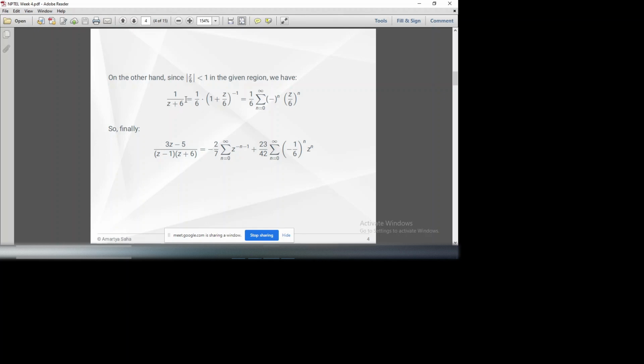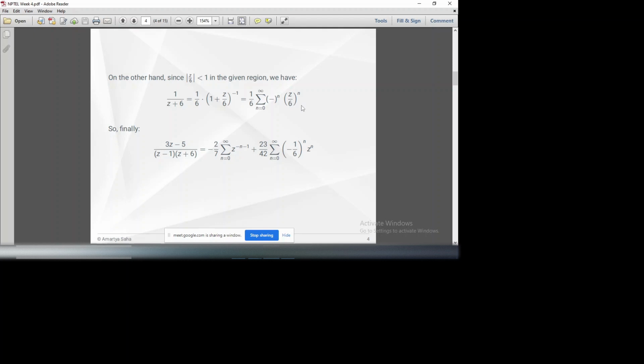So how to do that? First take a factor of 6 out, and then what remains is 1 plus z by 6 to the power minus 1. Then expand that in the binomial series with negative power, and we easily get this expansion.